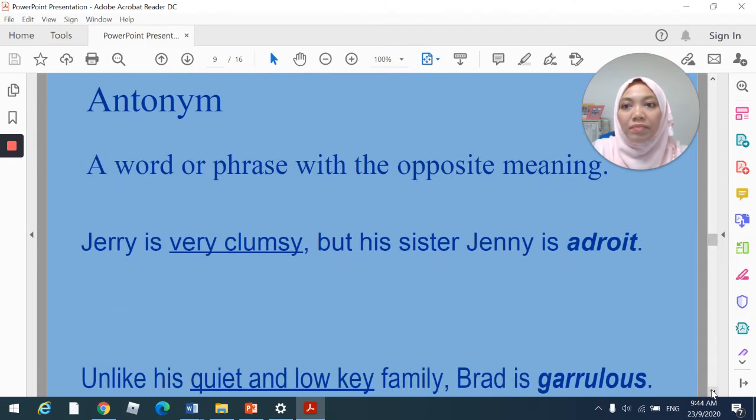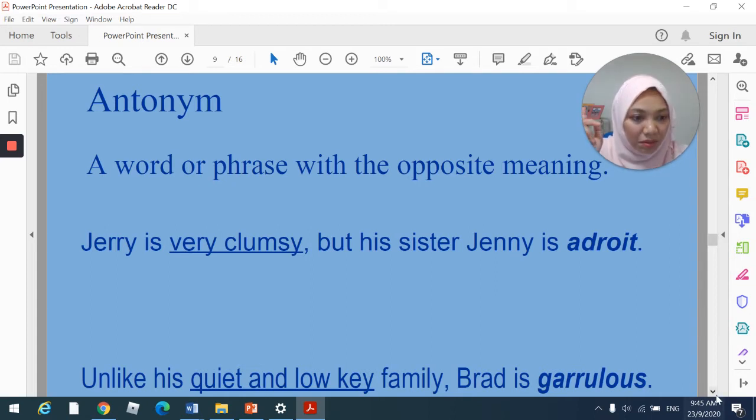It's very easy. Antonym: Jerry is very clumsy, but the word but shows contradiction, something opposite. Her sister Jenny is adroit. You may not know the meaning of adroit, but you know clumsy. Clumsy is someone who is not elegant in movement, all over the place, right?